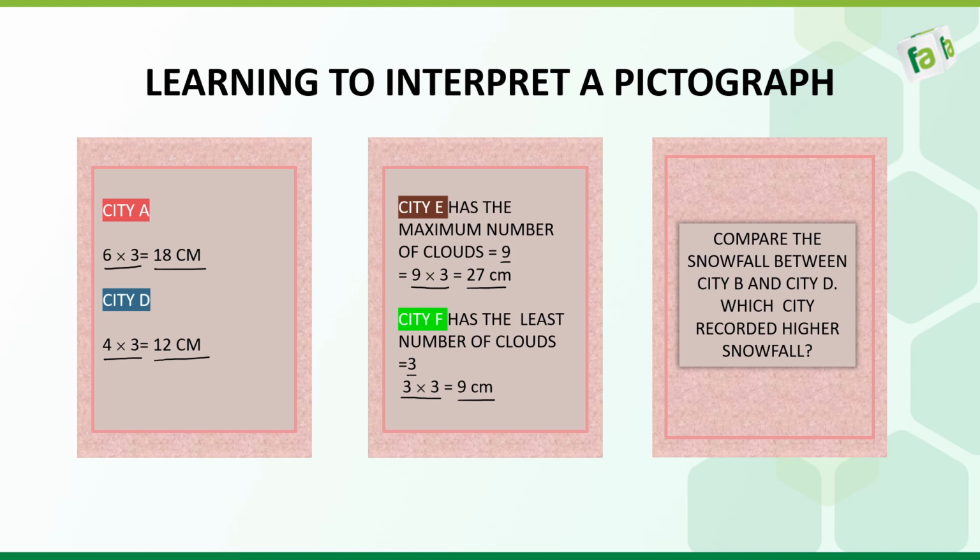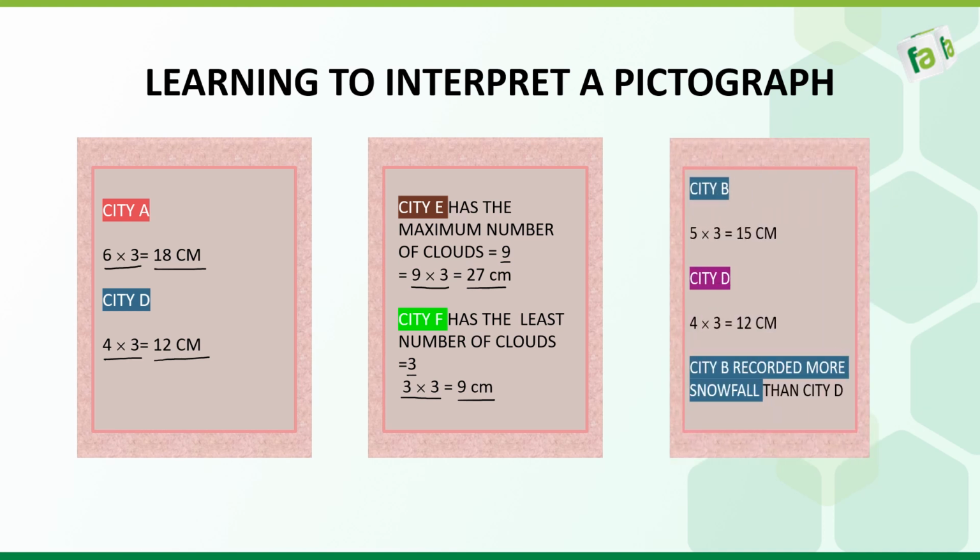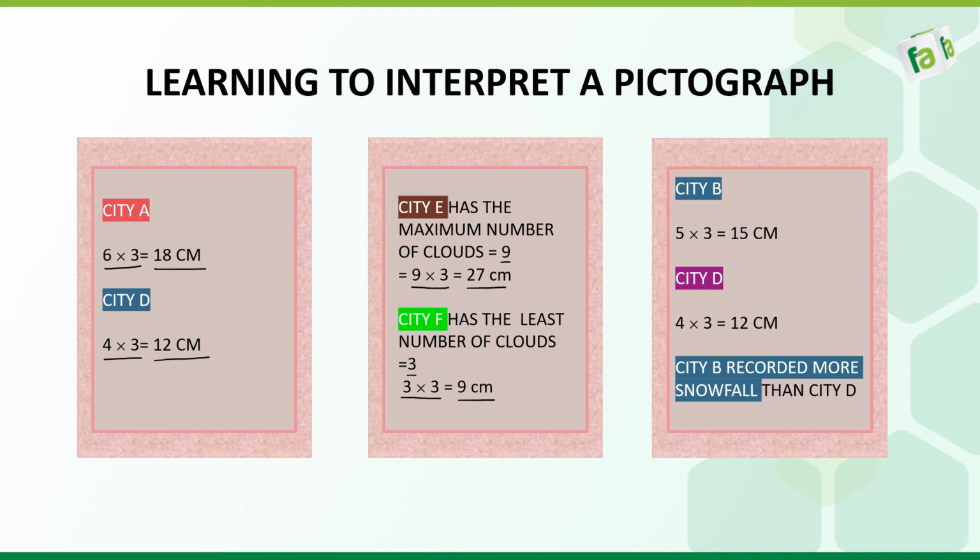Our last question is, compare the snowfall between city B and city D. Which city recorded higher snowfall? Now compare the snowfall between city B and city D. City B is equal to 5 multiplied by 3, which is equal to 15 centimeters.